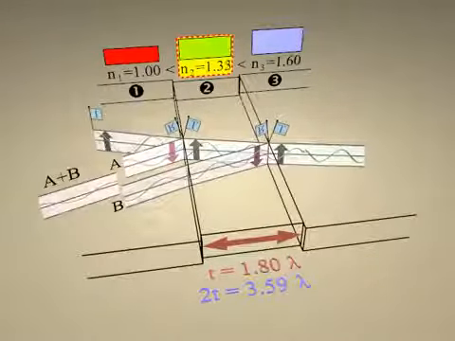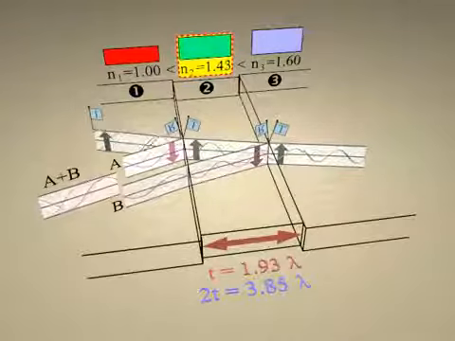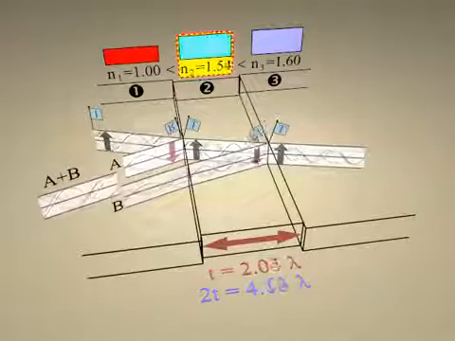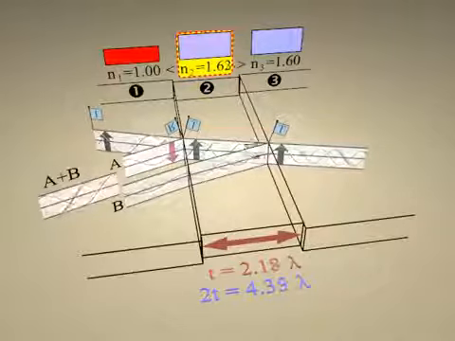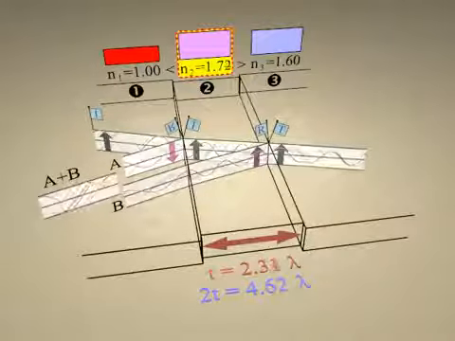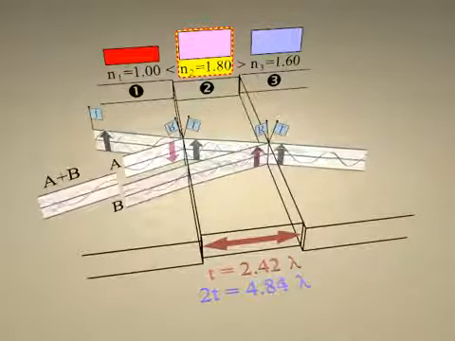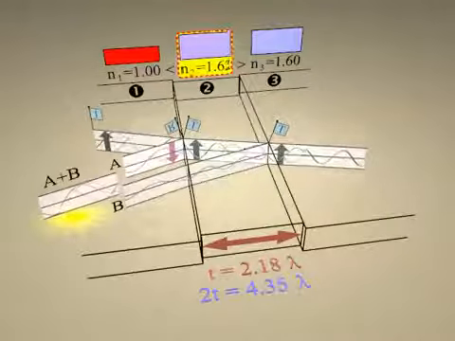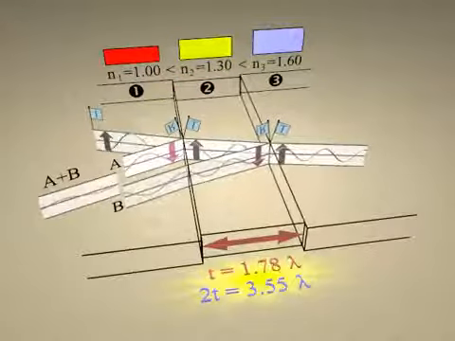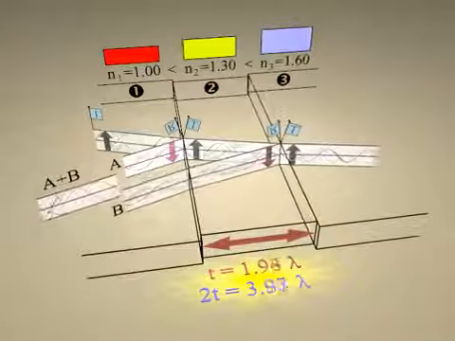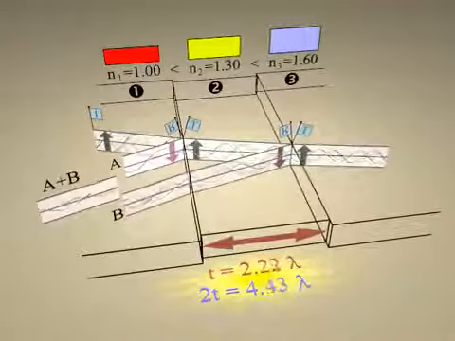Changing the relative index of the thin film medium will change the number of wavelengths traveled within the medium and therefore the resulting phase of the second reflected beam. This changes the resulting superimposed waveform. Changing the actual thickness of the thin film's second medium accomplishes the same thing.